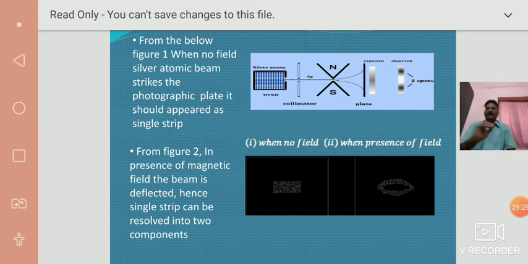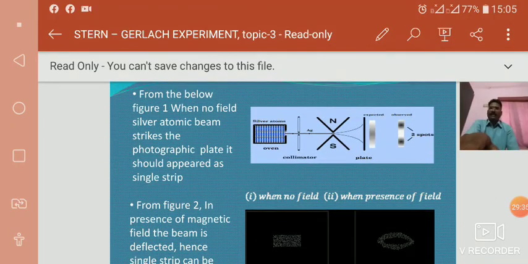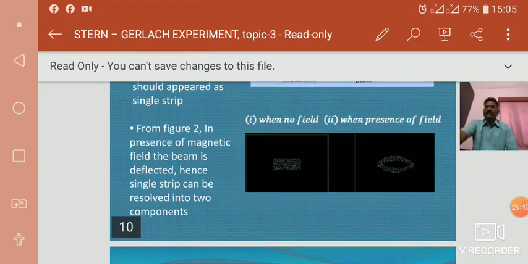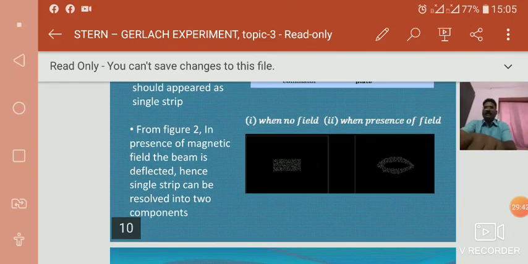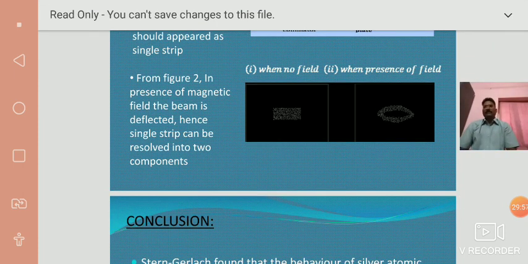It is a 3D diagram we can understand. Look at the black images in the diagram below on the right-hand side. The first one, when no field is present, is a single strip. When a field is present, it is observed as a double strip, which is formed on the photographic plate.